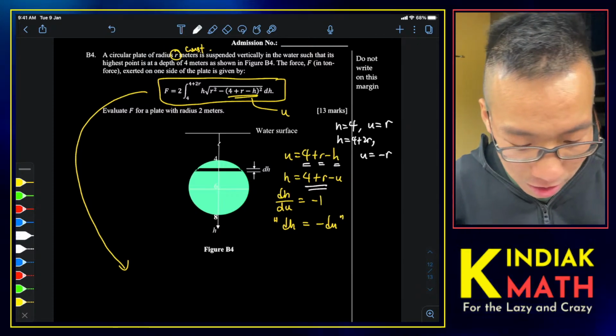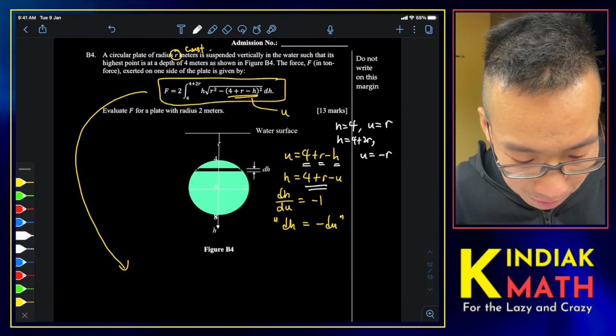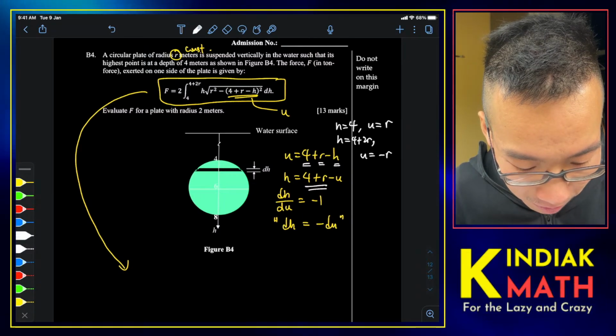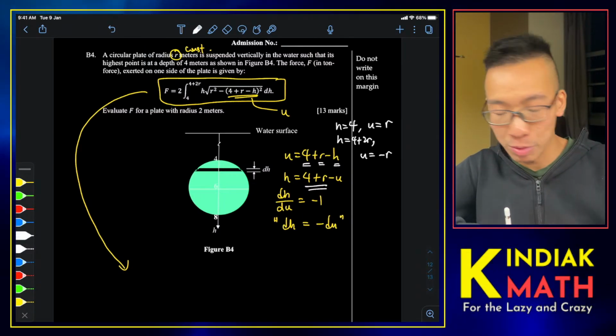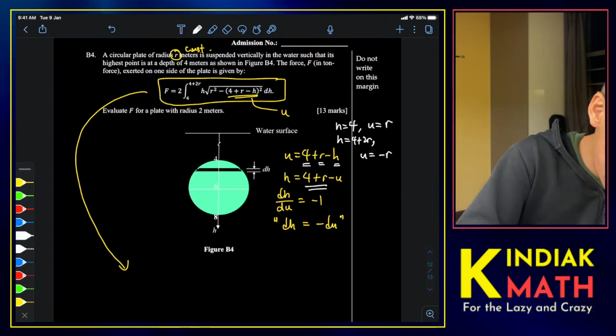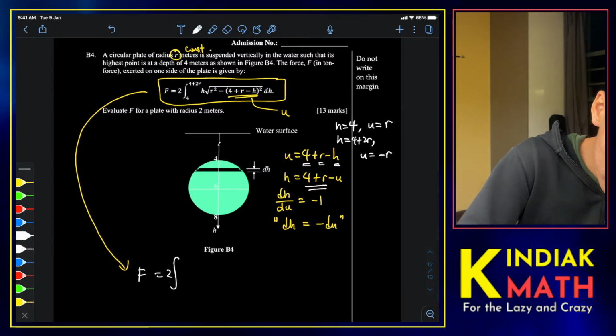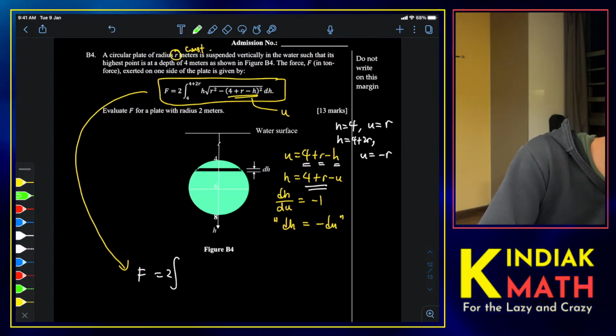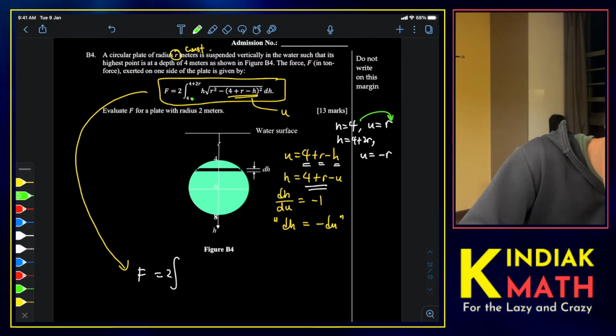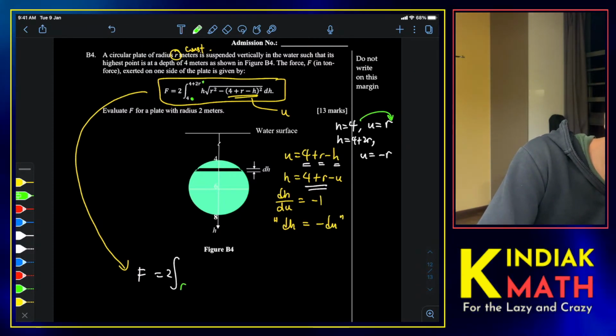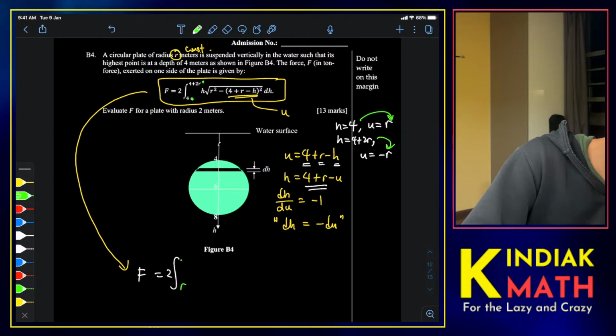I believe it's minus r. Yeah, we had minus r. So that means this would simplify: instead of 4, we're going to get r, and instead of 4 plus 2r, we're going to get minus r.